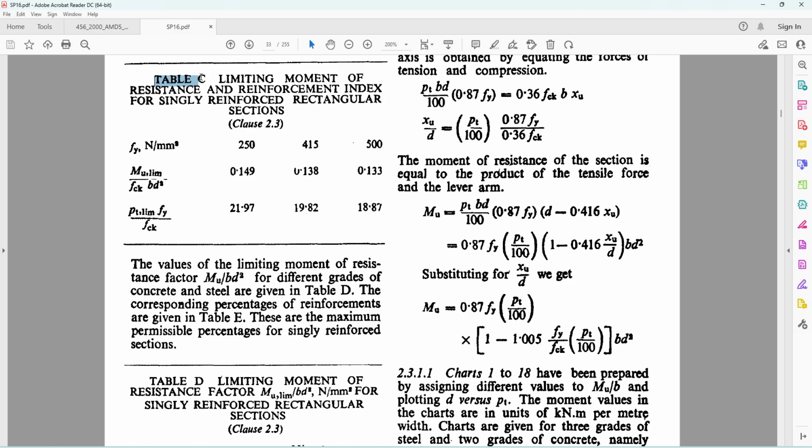So this is your table C, limiting moment of resistance and reinforcement index for singly reinforced rectangular sections. So for 250 grade it is 21.97. For 415, this ratio, limiting percentage of steel multiplied by Fy divided by FCK, it is 19.82. For 500 grade it is 18.87. We have similar values.